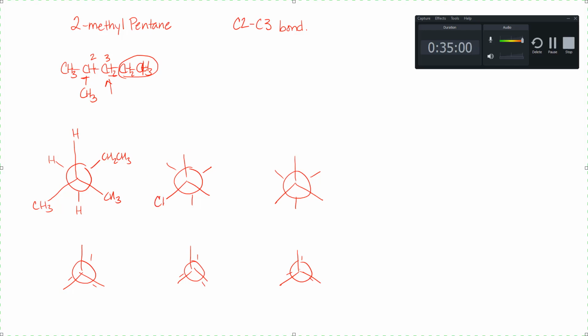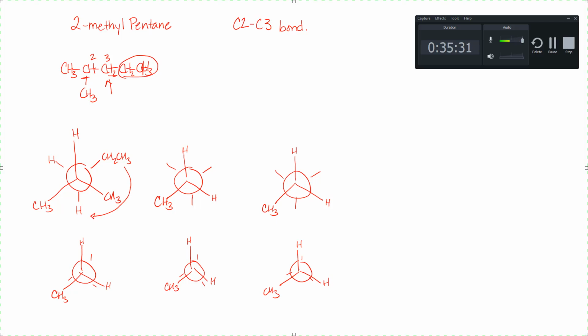I like to again hold the front carbon in exactly the same orientation, both in the staggereds and in the eclipsed. For the staggered conformation, let's go ahead and rotate. This time we'll rotate clockwise, it doesn't matter.